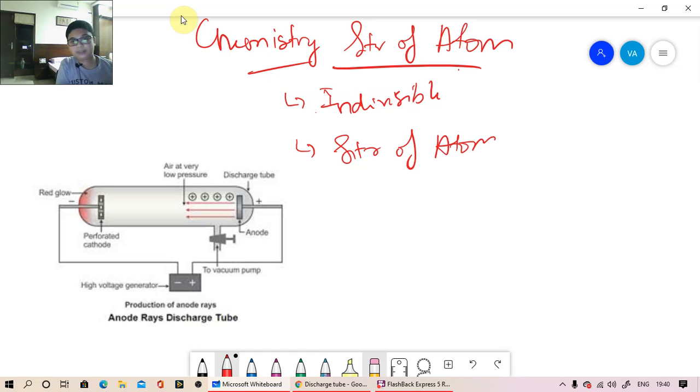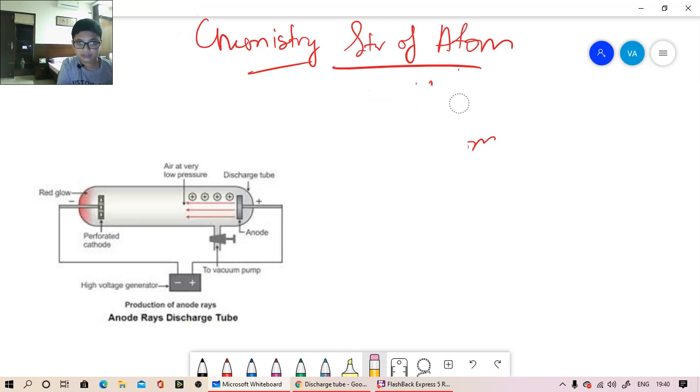In this session, we will be discussing Dalton's atomic theory and also the two subatomic particles that were discovered using the discharge tube, that is the protons and electrons, and their masses and charge. So let's start with the session.